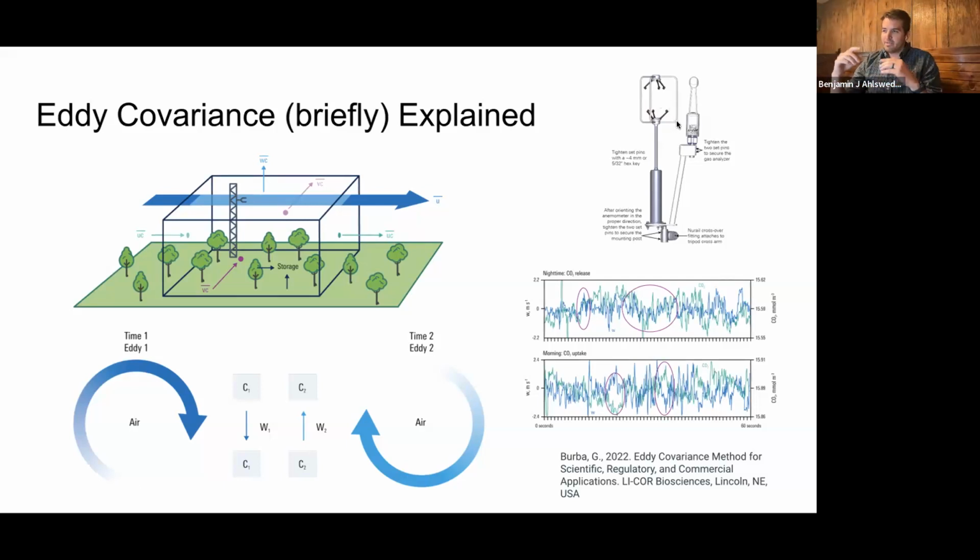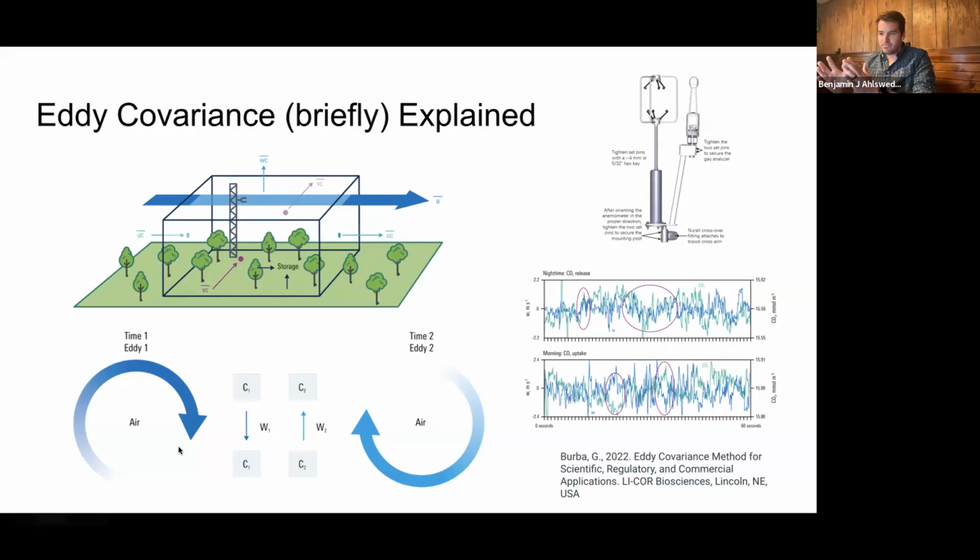And then we compare that with also very high frequency measurements of whatever substance you're particularly interested in. In this case, my example plot is an infrared gas analyzer that measures carbon and water. So if we go to the bottom here, let's say at time 1, we have the air moving in a downward direction paired with the carbon measurement at that particular time.